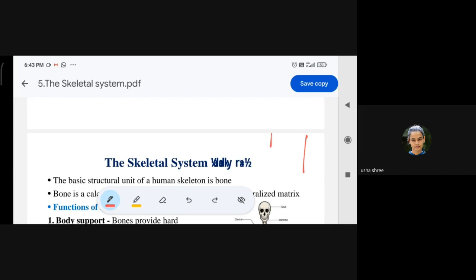Minerals and collagen fiber. So how are they consisting? I'm going to make you understand that. Fibers are put in the appearance of a net-like structure. Just imagine. Are you getting my drawing? Yes, ma'am.